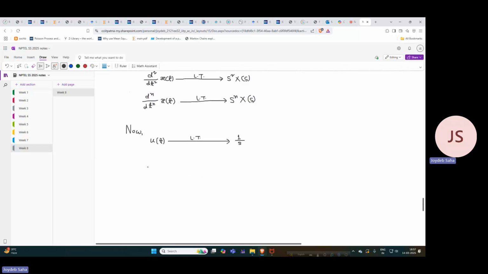So the Laplace transform of d/dt of u of t is s multiplied with 1 upon s, which is equal to 1.